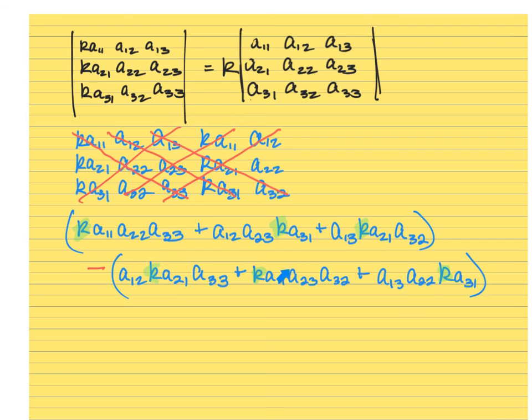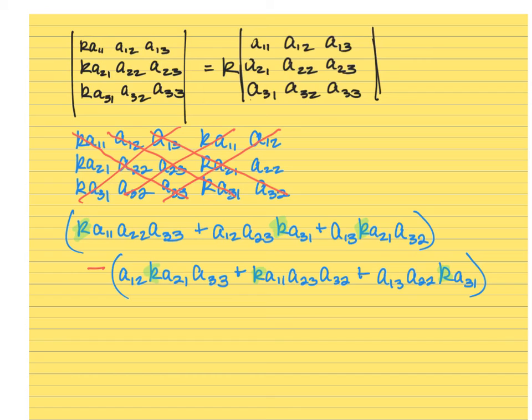Now notice, if you factor a k out of the whole thing, what are you left with? You're left with A sub 1,1 times A sub 2,2 times A sub 3,3, plus A sub 1,2 times A sub 2,3 times A sub 3,1, and so on, which, if you go through this process for this matrix, ends up looking just like this without the k's. And so if we multiply by k, that gets us this, right?